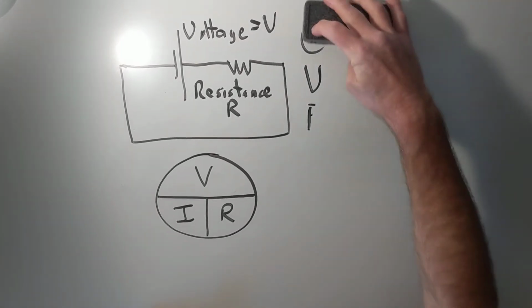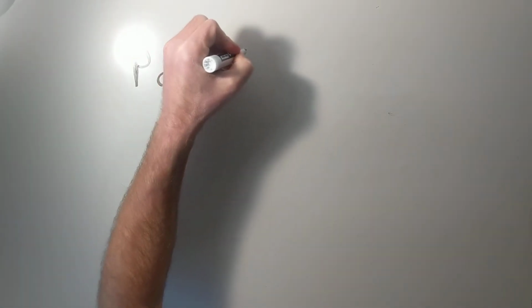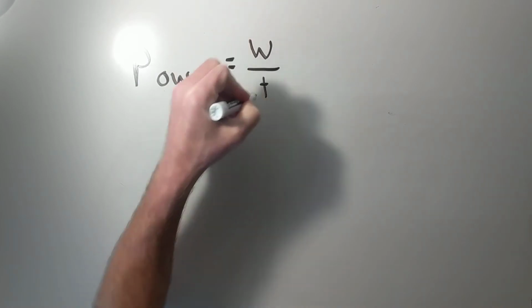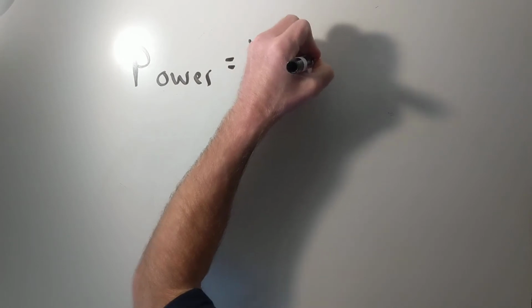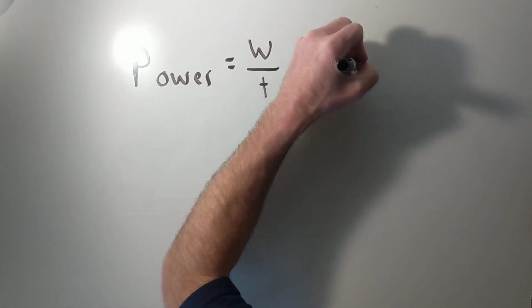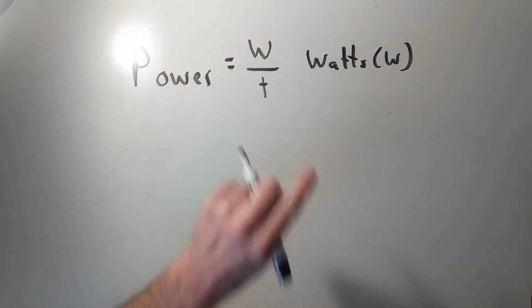So the other piece of this is about power. And we've talked about power as work over time. And we said that power was measured in watts. Work is joules, time is seconds.